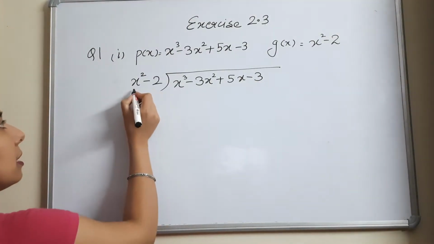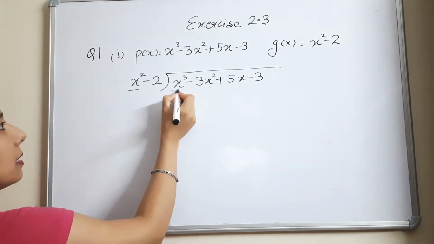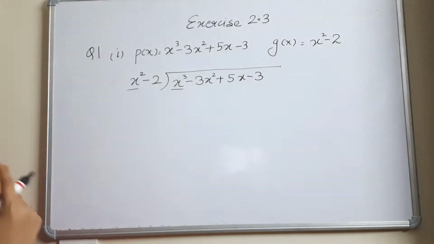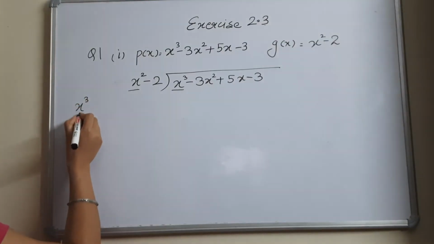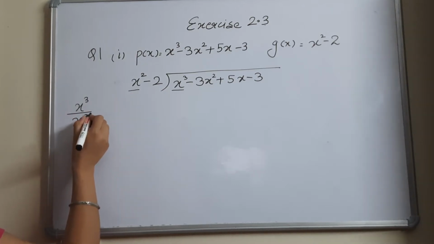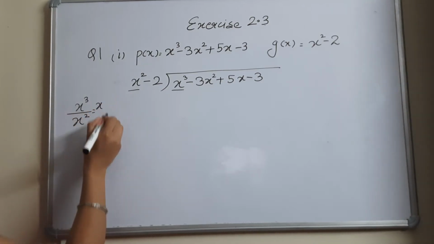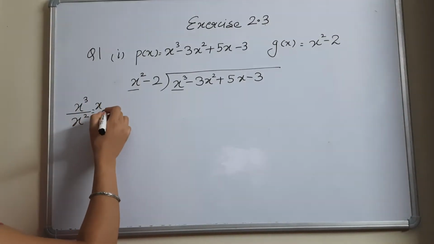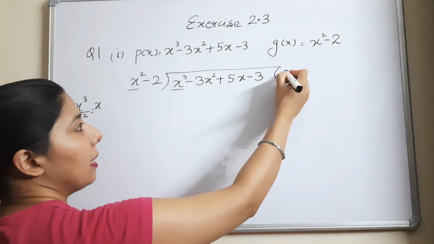For division you just focus on the first terms, that is x cube and x square. We write x cube in the numerator and x square in the denominator and cancel them. What you are left with is x. x square cancels against x cube and you are left with x. So the first term after division will be x.